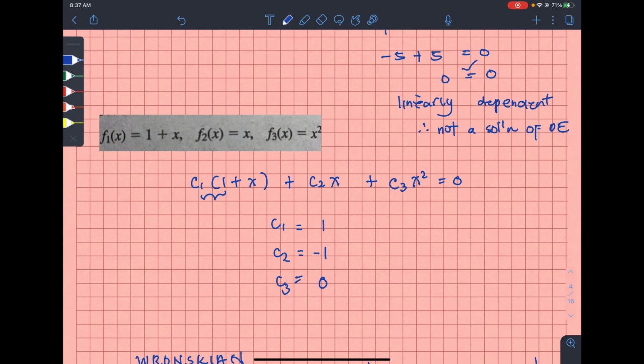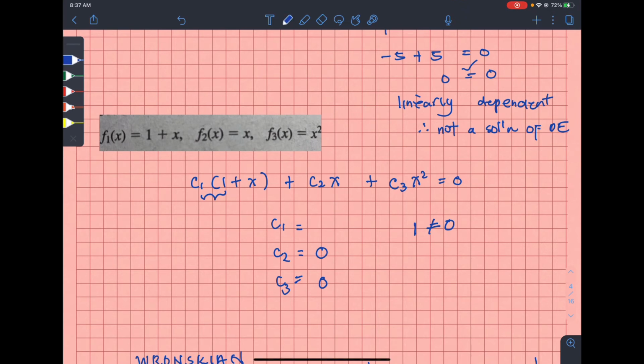Okay, so c1 times 1, or 1 times 1, still 1, and 1 is not equal to 0. Okay. The only thing that would make it 0 is if we make c2 equal to 0 as well.